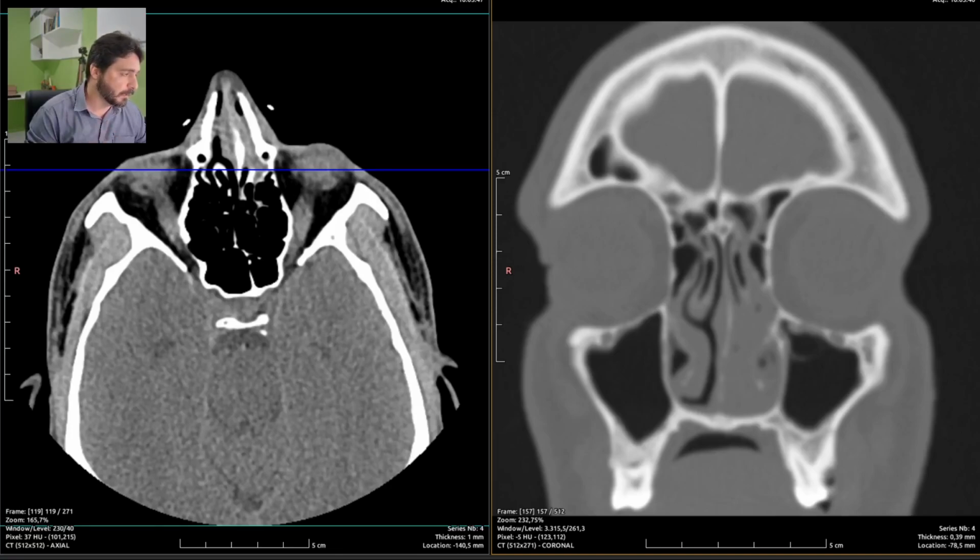So there is thickening of the mucosa all over the place. The sinus drainage is okay, except for the frontal sinus.